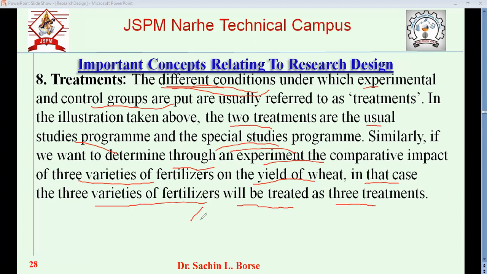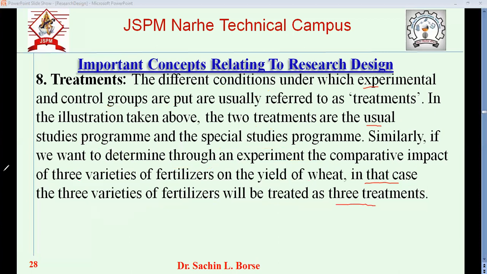So there will be three fertilizers, so there will be three treatments. Like in our case of rice, with two varieties of rice, each variety is one treatment.